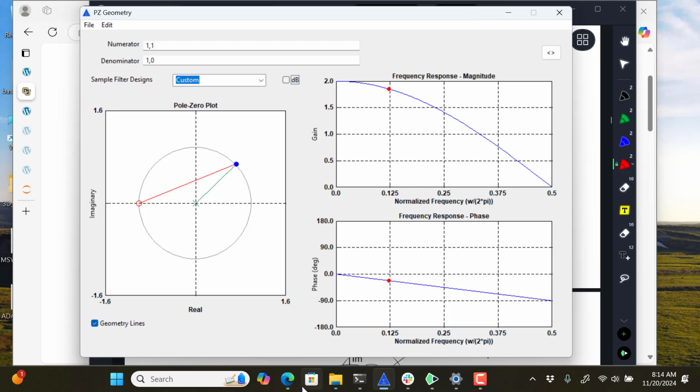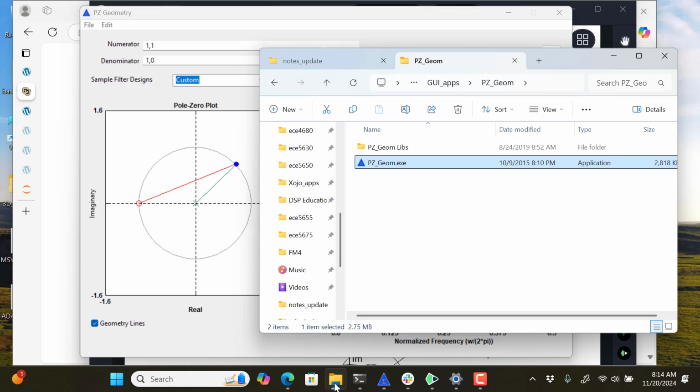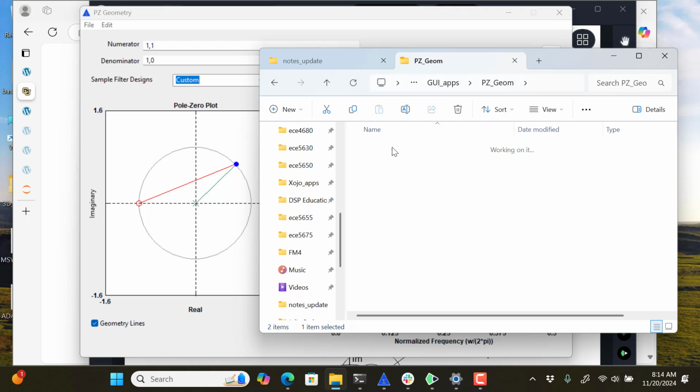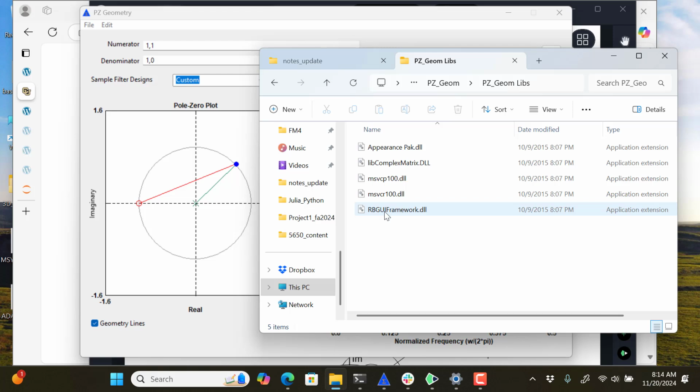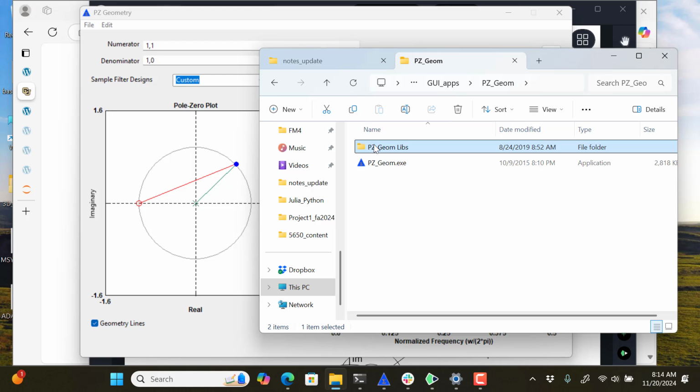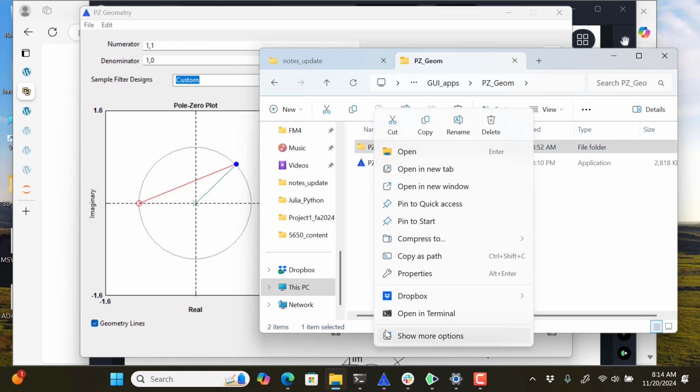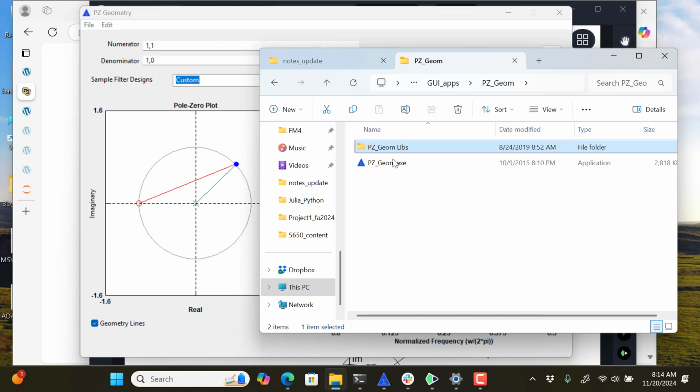And actually, since somebody just asked me about it, if I was to go show you what it looks like, the application itself is a couple of meg, but it's all of these libraries that go with it to make it work that get included, and those sum up to more, I guess.